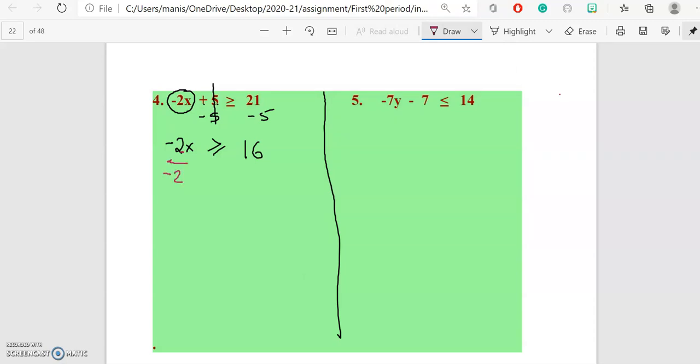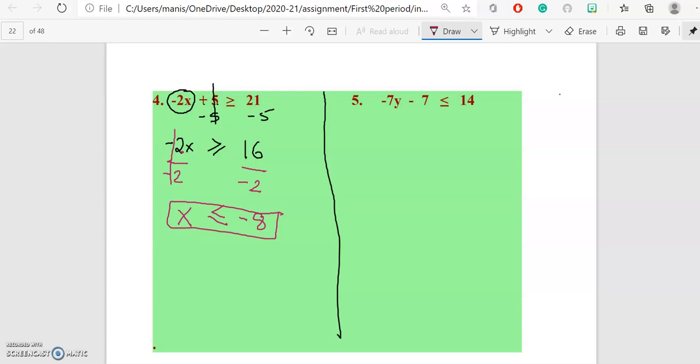Now keep in mind, since I'm dividing by negative 2 on both sides, I have to change the direction of this symbol. So what I did, I divided by negative 2 over here. This will be cancelled out. I will have x over here, and when I divide this, 16 divided by negative 2, it will give me what? Negative 8. So now it should be clear to you because it depends on the coefficient.